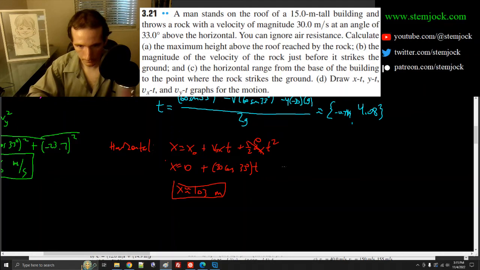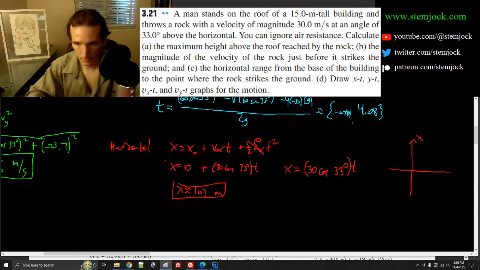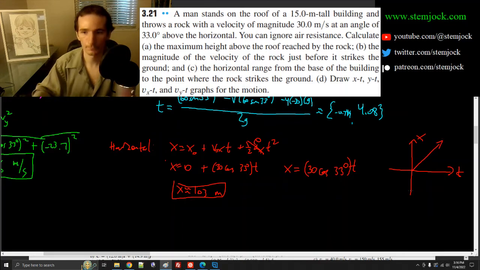So x equals 30 cosine 33 degrees times t. The graph of xt is going to be a straight line that goes through the origin with positive slope, like this. The slope is 30 cosine 33 degrees.